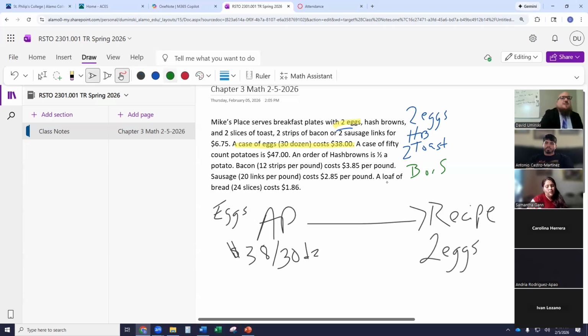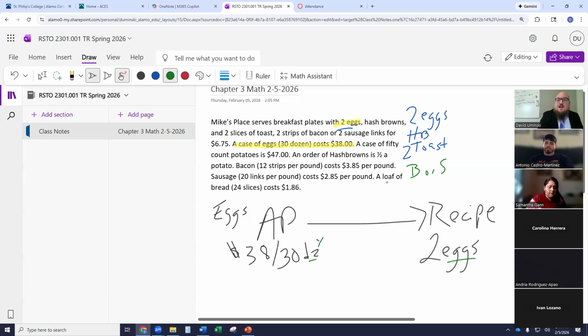So the first question you want to ask once you're all set up, underline our units. Do our units match? No, they don't match, right? Dozen and eggs. Now, can we convert in some way? How many eggs are in a dozen? 12 eggs, right?